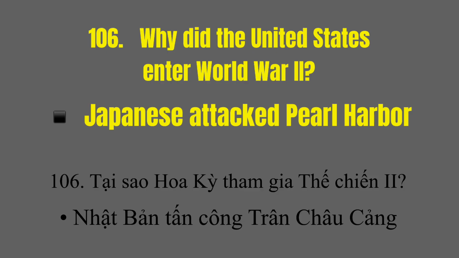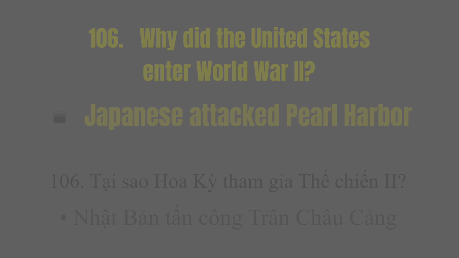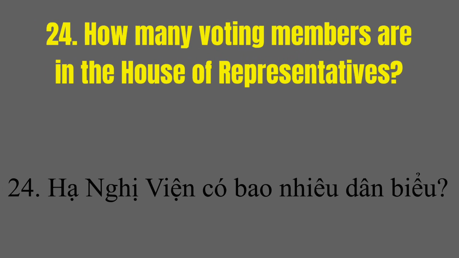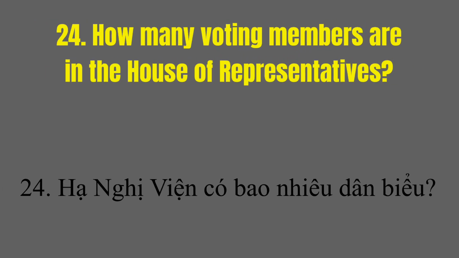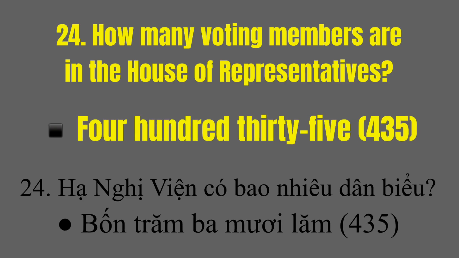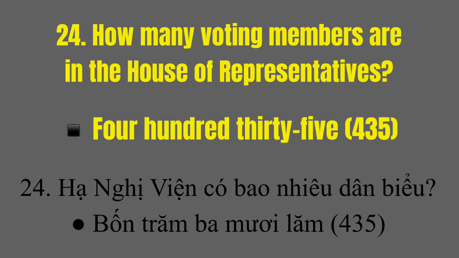Japanese attacked Pearl Harbor. How many voting members are in the House of Representatives? 435.